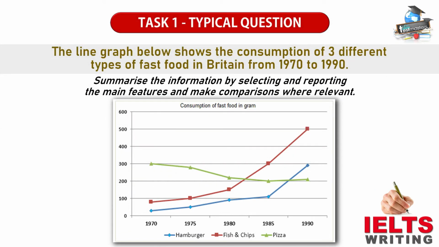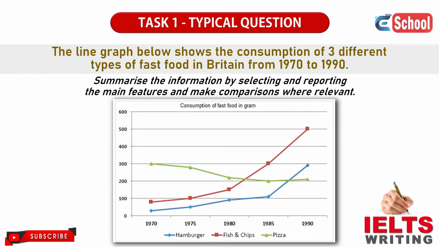Here's a typical question. The highlighted words are always the same no matter what type of question you get. The line graph below shows the consumption of 3 different types of fast food in Britain from 1970 to 1990. Summarise the information by selecting and reporting the main features and make comparisons where relevant.